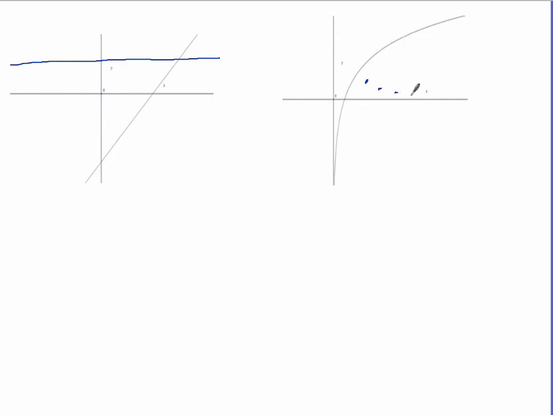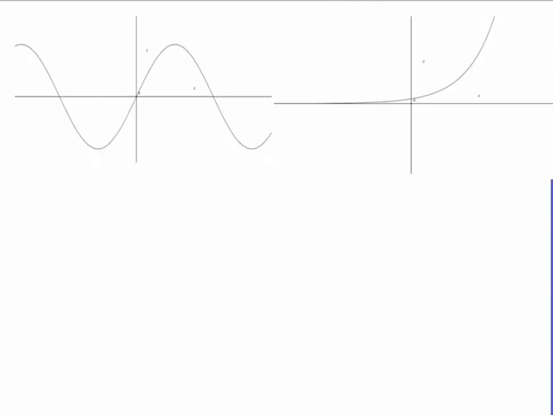And here the slope is really big, so the slope goes off to infinity up here. So you get this shape, and later we'll show that if y equals ln x, then the derivative is 1 over x. We'll be able to prove that later, but that's what you get.